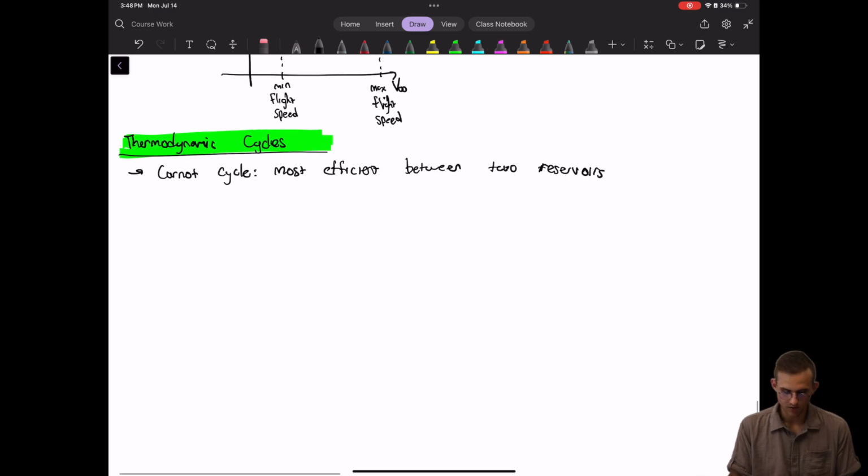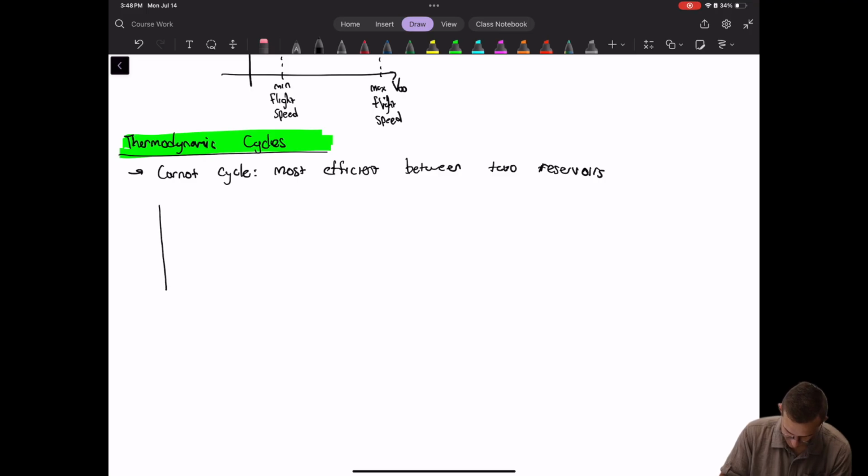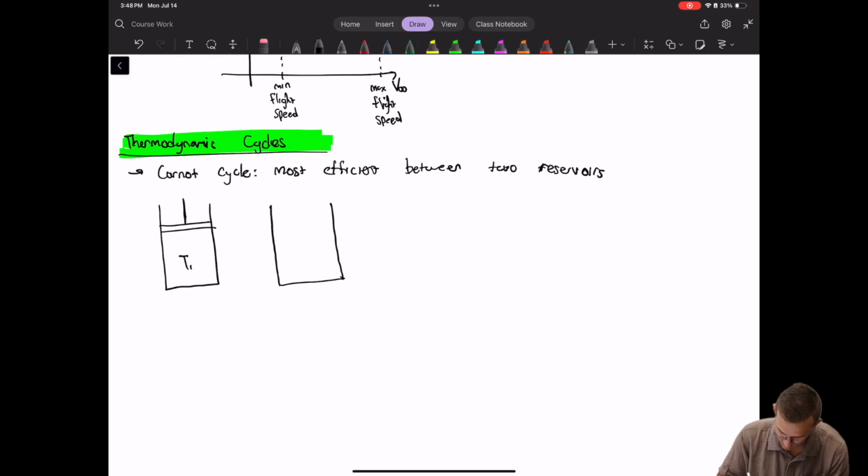So what do we mean by that? Well, we're going to draw the different steps of this cycle. So imagine we have a piston system here. It starts off at T1, and then it undergoes an adiabatic compression down to a temperature 2.